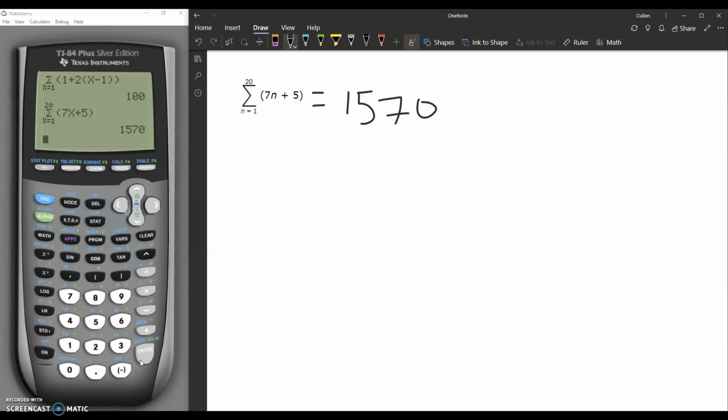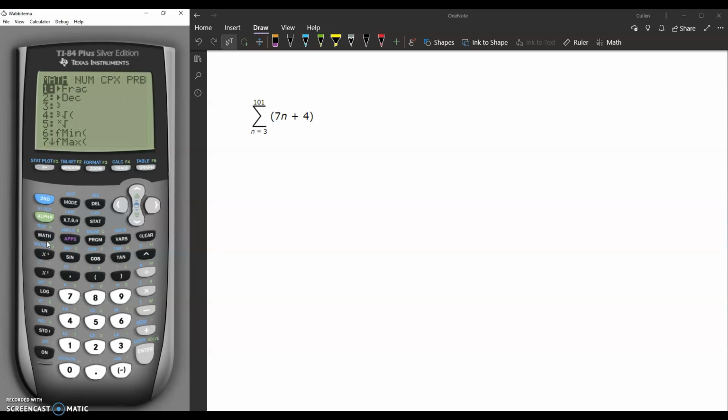Okay, let's go do one more. How would it possibly get hard? Well, all they will do is try to trick you. So see, this one doesn't start at 1, doesn't start at 0, it starts at 3. So your quick adjustment is that you're going to pay attention, and you're going to plug in x equals 3 at the bottom, and then 101 at the top.